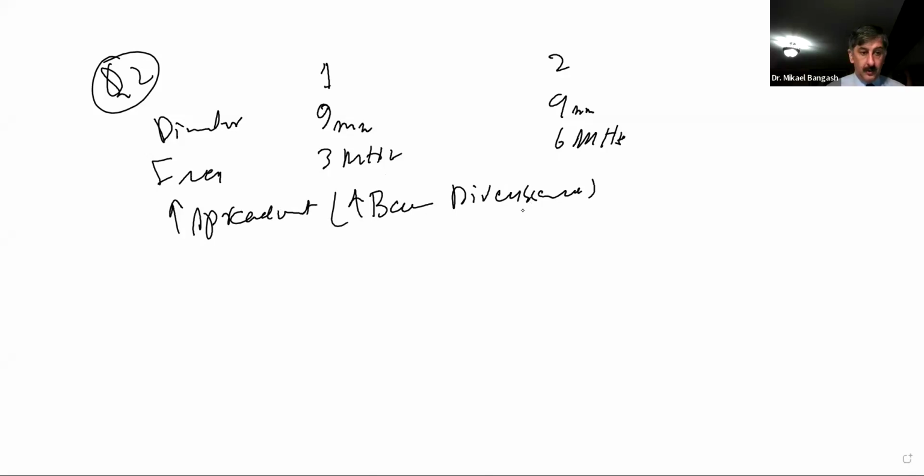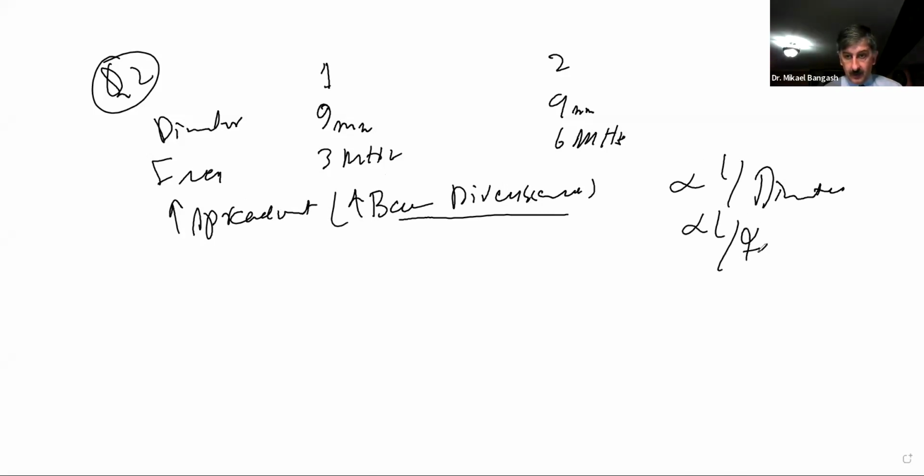But we already know that beam divergence in the far zone is inversely proportional to the diameter, and it is inversely proportional to the frequency of the transducer. Did you guys get that?